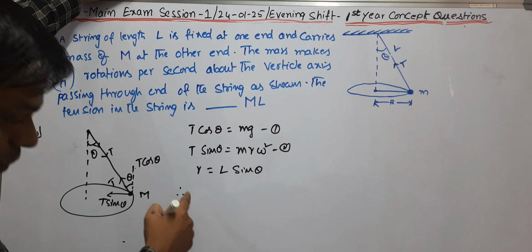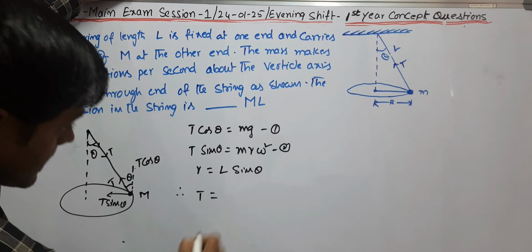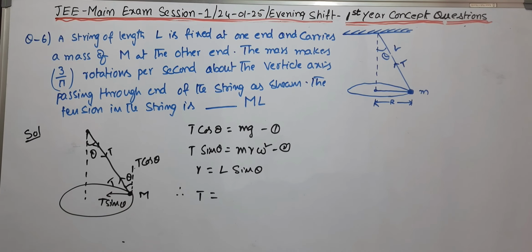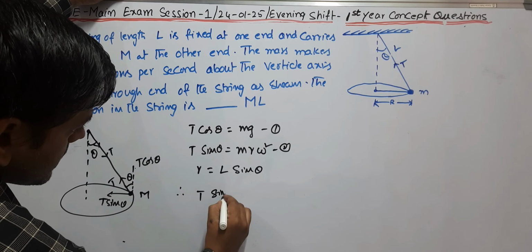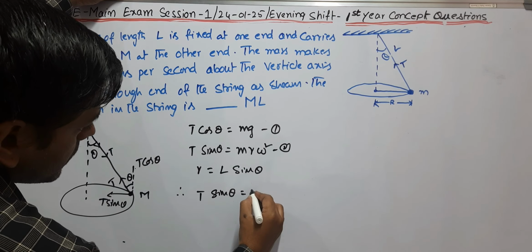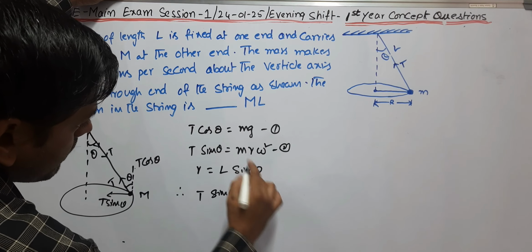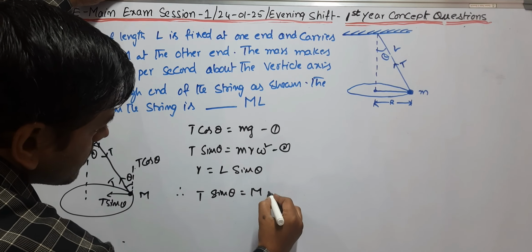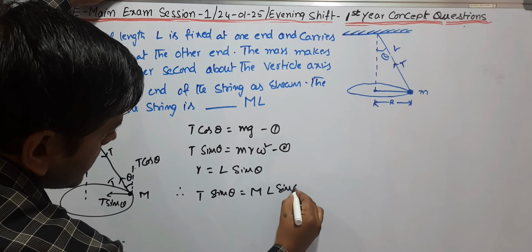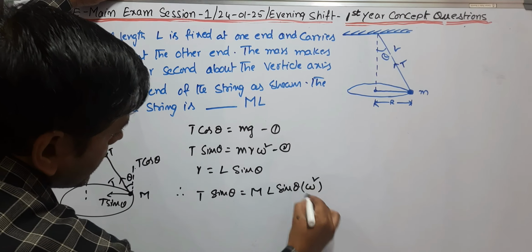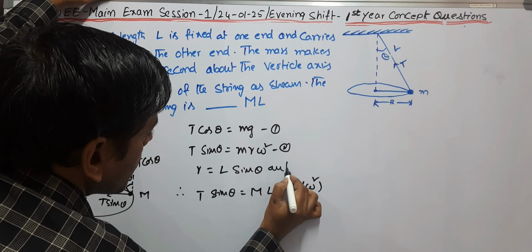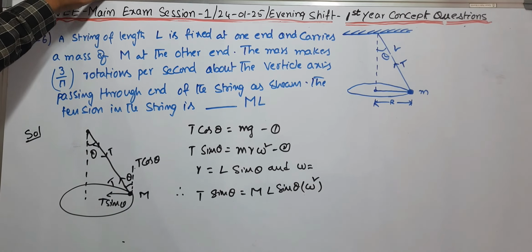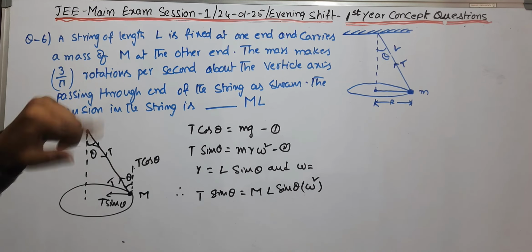Therefore T sin theta is equal to m r omega square, that is m into L sin theta into omega square. And omega is the angular speed.